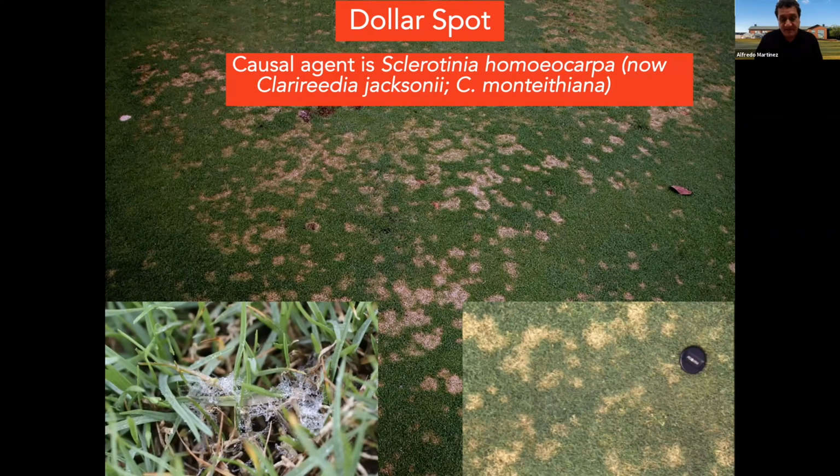So we have new tools and so on. We now know that isolates from bent grass, Clarireedia, is the name of the dollar spot now. It's still going to infect Bermuda grass, but at a lower level than isolates from Bermuda grass, and so on.